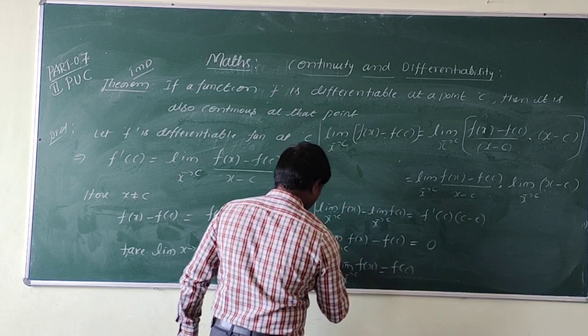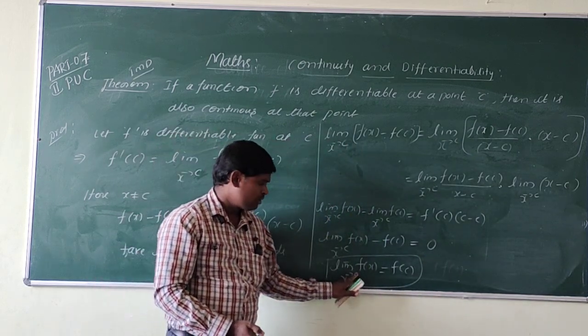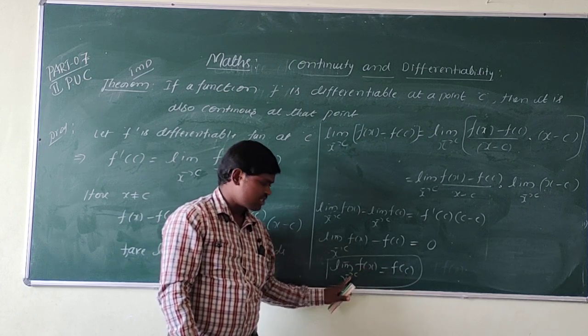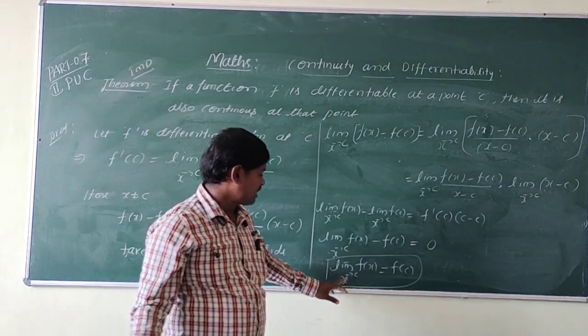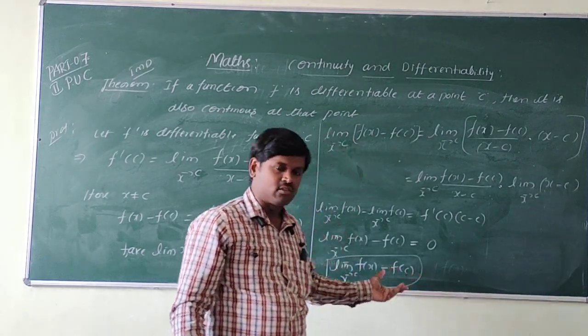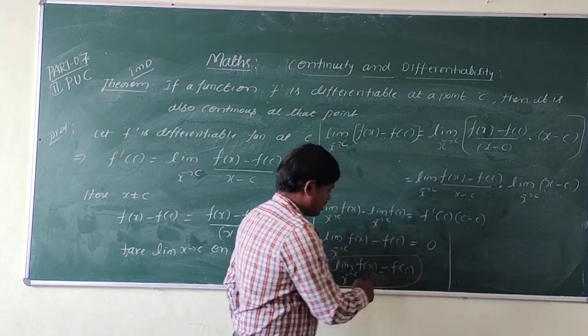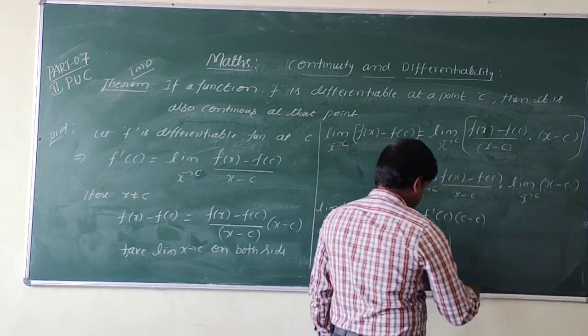So from this we come to the conclusion. The limit of f of x as x tends to c is the limit of the function at x equal to c, and f of c is the value of the function at x equal to c. So they are equal. Therefore, the limit of the function is equal to the value of the function, so it is continuous.